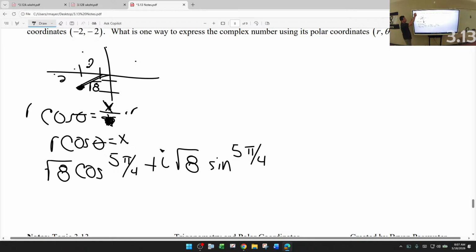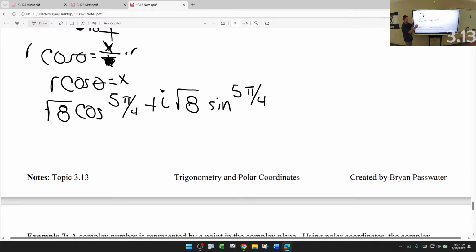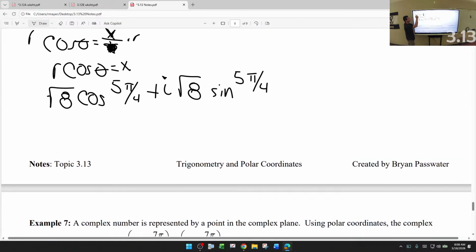If they don't leave it like that, I don't like this example because this example looks like it's the same thing. Cosine of 5 pi over 4 is negative root 2 over 2.